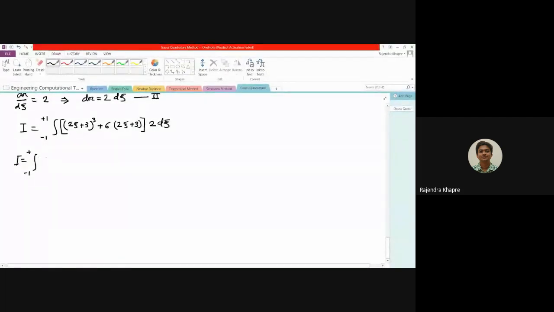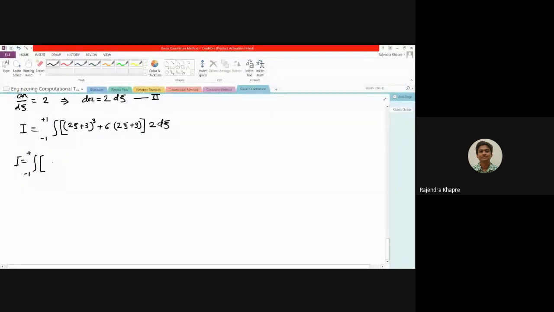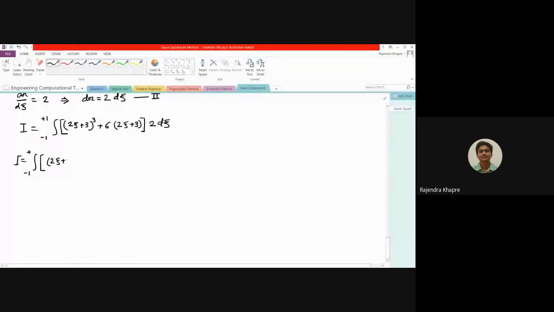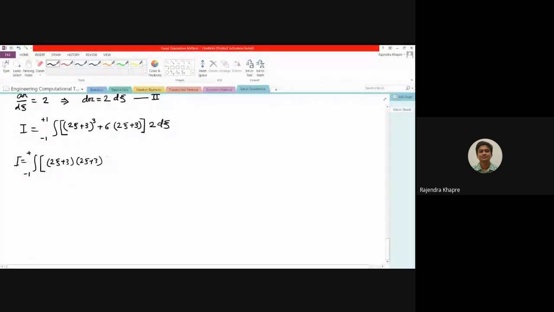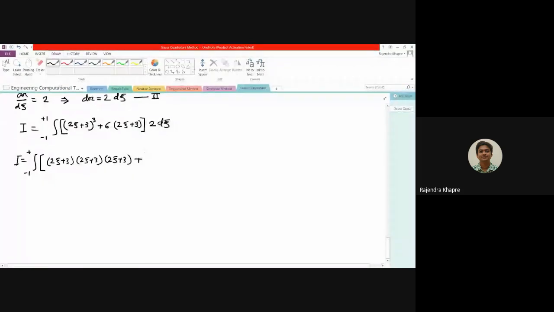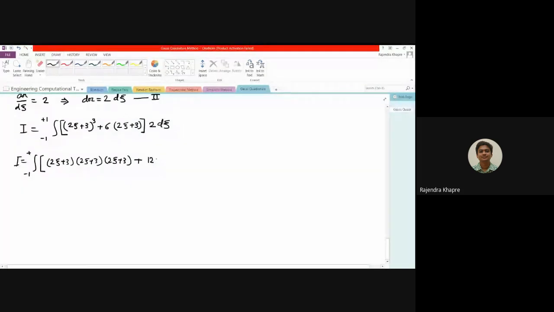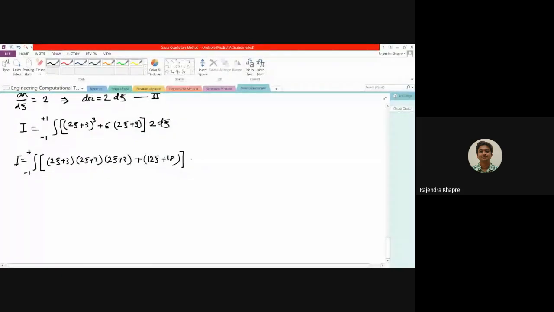From -1 to +1, if you write this 3 times, this is 2 xi plus 3, this is 2 xi plus 3, this is 2 xi plus 3, plus 6 into 2, so this is 12 xi, and this will be your 18. Am I right, students? So please expand this and give me the value of I.